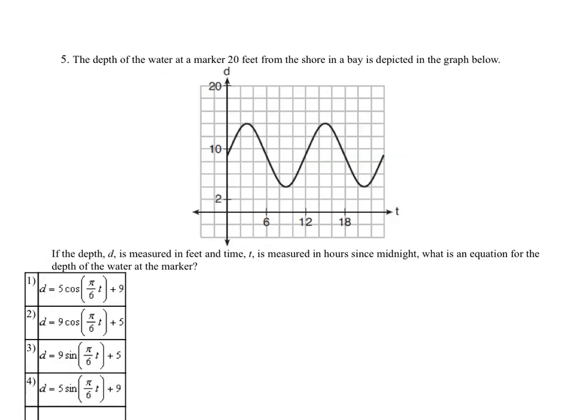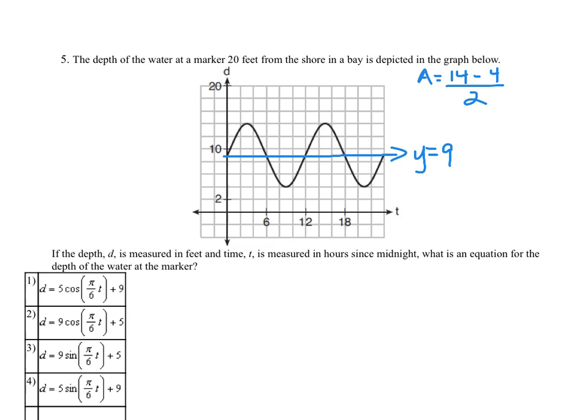All right, so for this question, the first thing that I would do is see that the midline is right here at y equals 9. So I'm going to start by finding the amplitude. The amplitude is the maximum, which I see is 10, 12, 14, minus the minimum, which is 4, and then I'm going to divide that by 2.